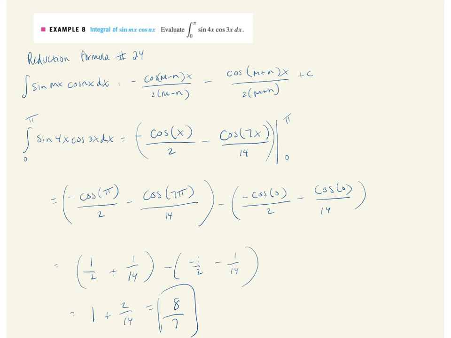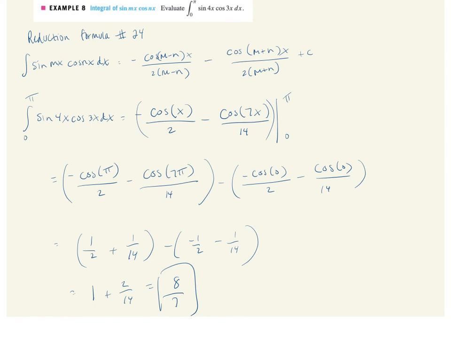Evaluating with my limits of integration, f of b minus f of a, I would end up with negative cosine pi over 2 minus cosine 7 pi over 14, quantity, minus quantity negative cosine 0 over 2 minus cosine 0 over 14. From here I get 1/2 plus 1/14 minus quantity negative 1/2 minus 1/14. Nothing cancels. Opposite signs flip. We add them all together and you get 8/7.